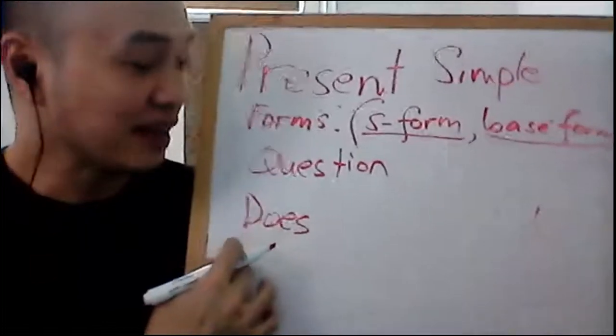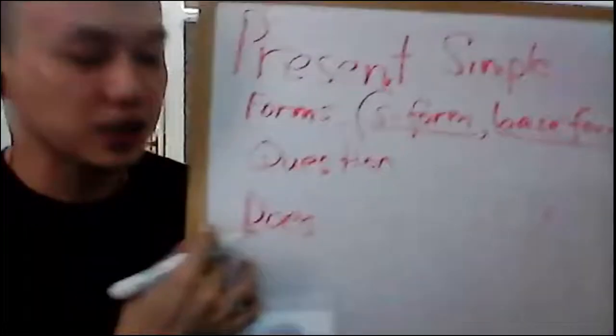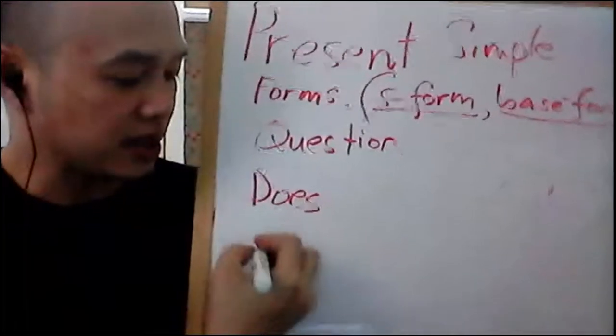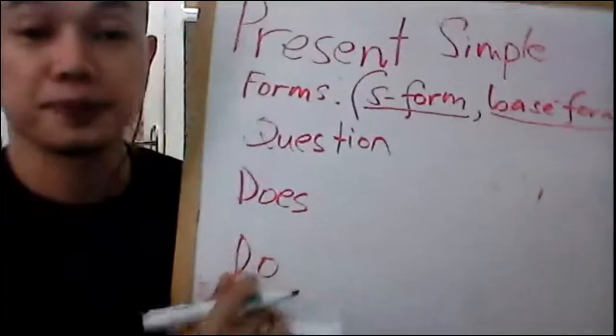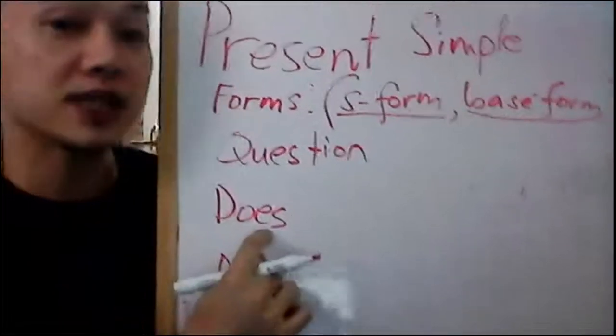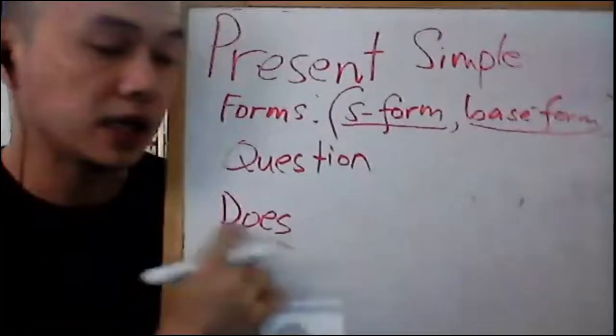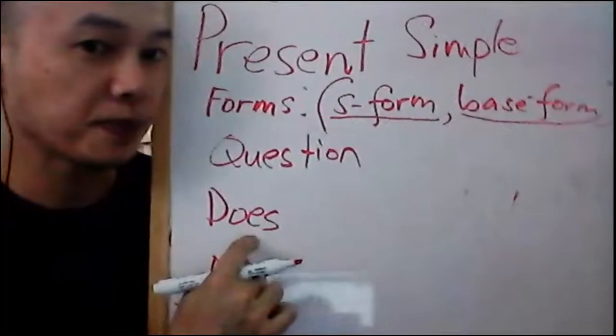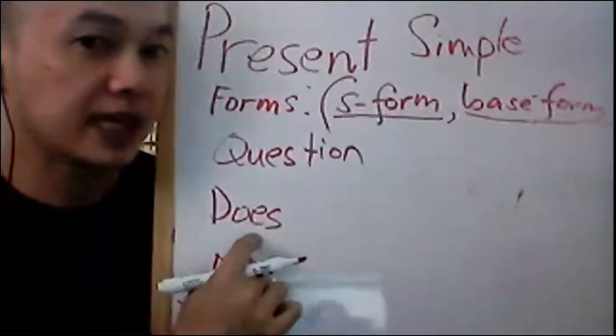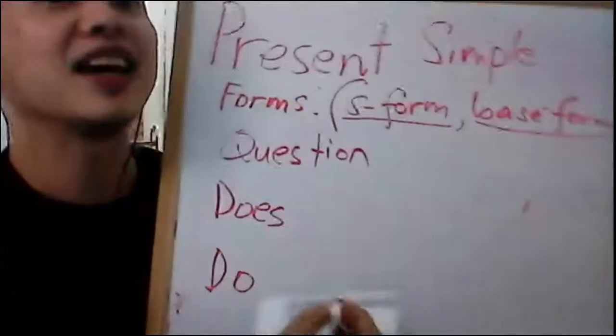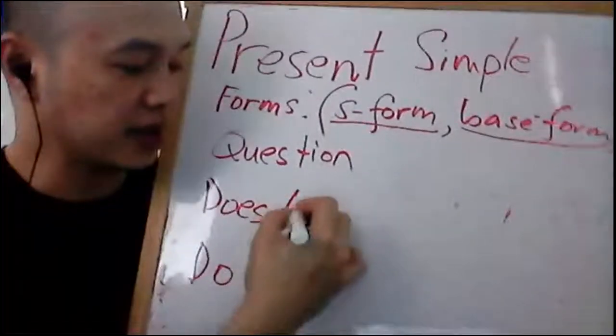All right. Now, in making questions, you're going to use does and do. So does, if your subject is singular or plural? What do you think? Singular. Yes, singular subject. Okay, example he.